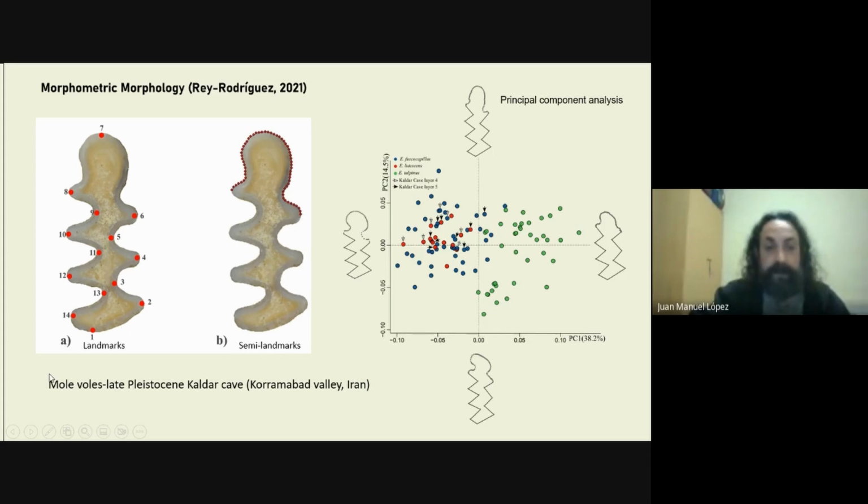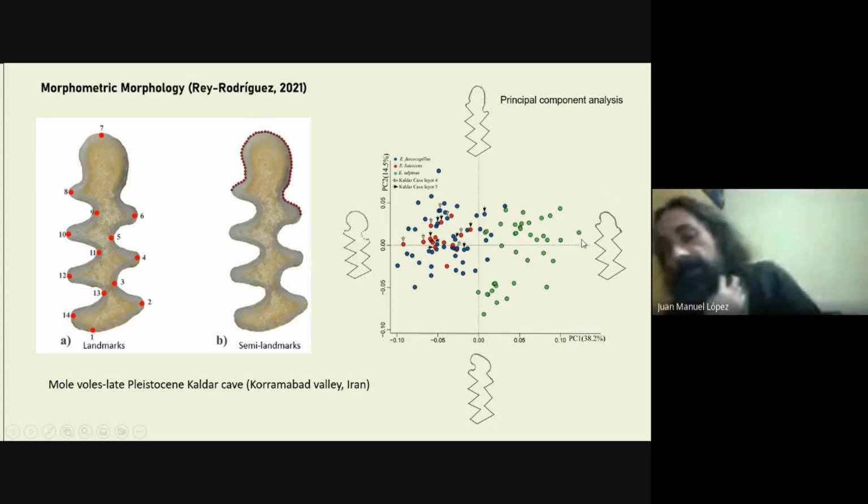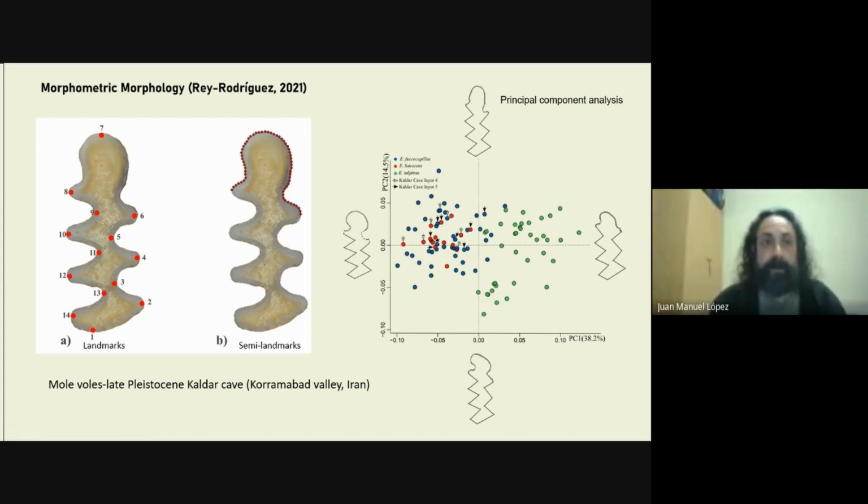For example, this is an example published in 2021 of mole voles, Ellobius, from a site in Iran, with landmarks and semi-landmarks and principal components to separate the different species, basically in relation to the anterior part of the teeth. This is the anterior part, the posterior part of the teeth, and it is mainly based on the differences in morphology in the upper, anterior part of the teeth.